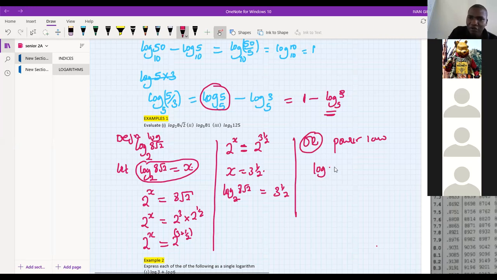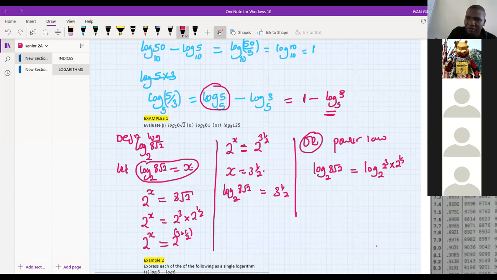logarithm of 8 root of 2 to base 2, we are saying this will be the same as log of 2 cubed times 2 to the power half.